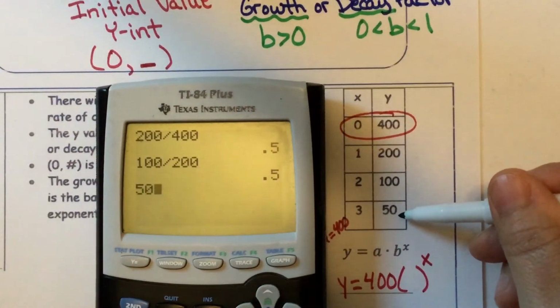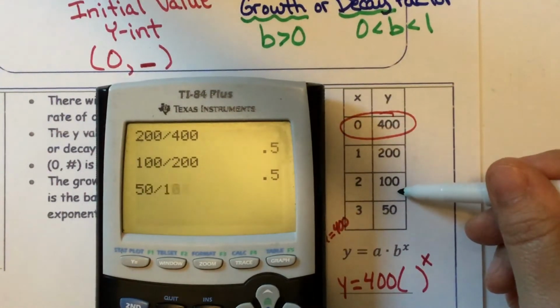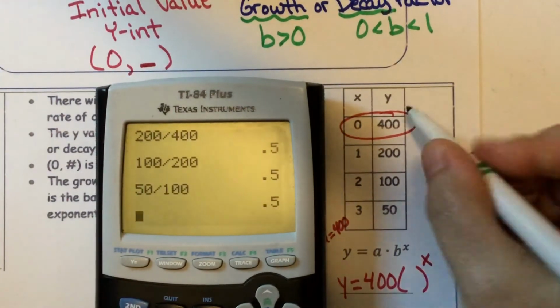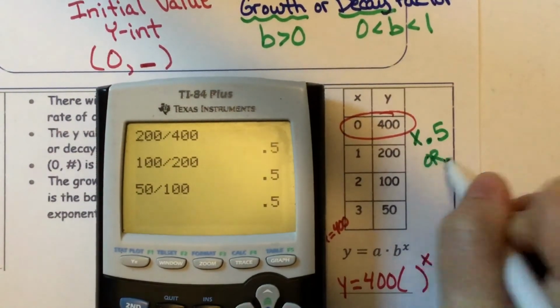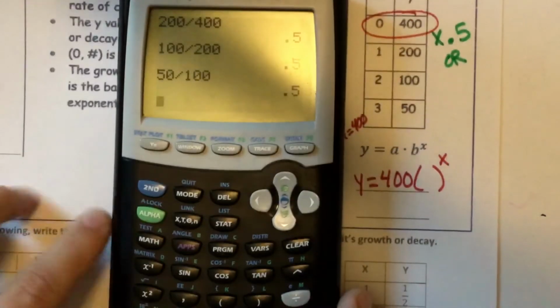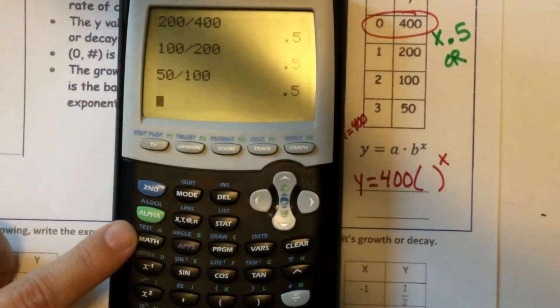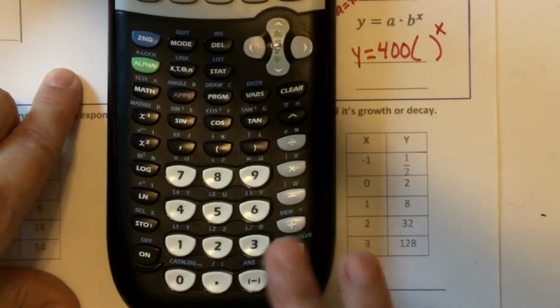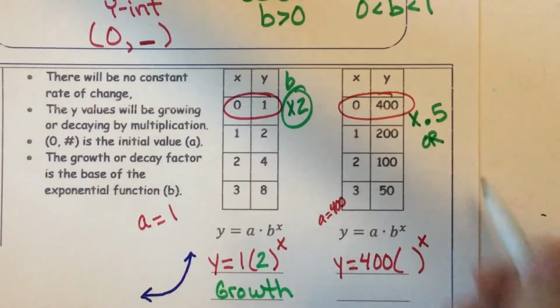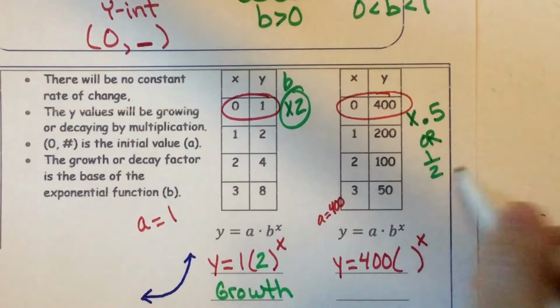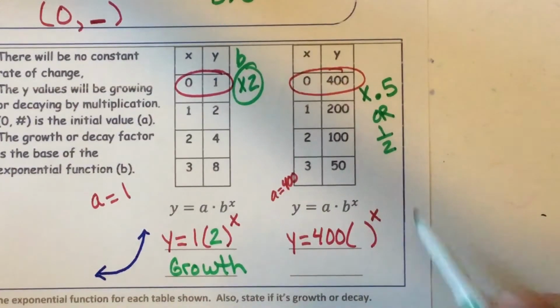Take that last y and divide by the one above it, and you get 0.5. So these guys are multiplying by 0.5, which is the same thing as 1/2, remember you can go math, enter, enter. So I'm actually going to use the 1/2, but if you use 0.5, it's fine.